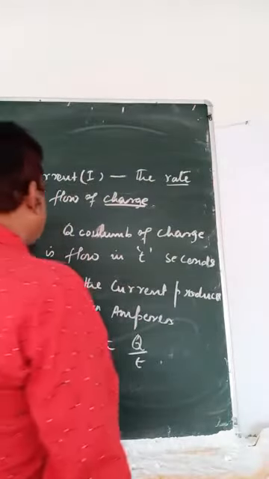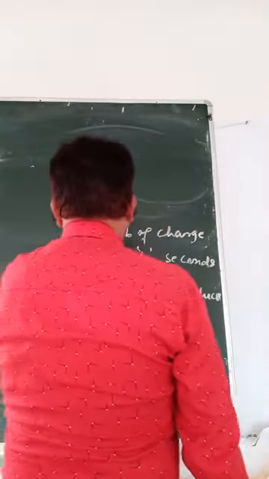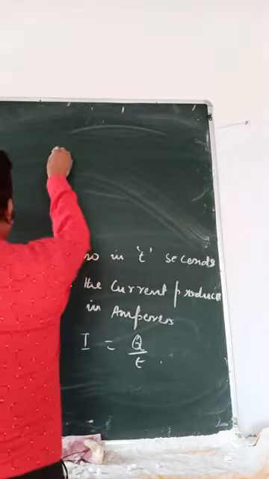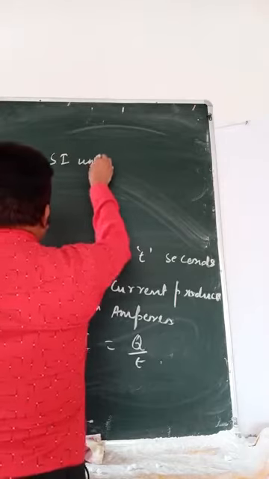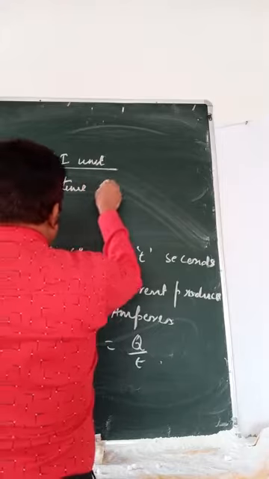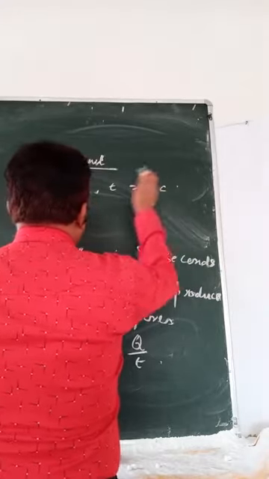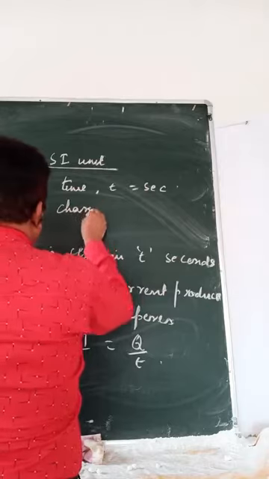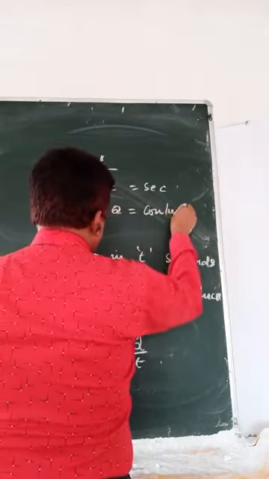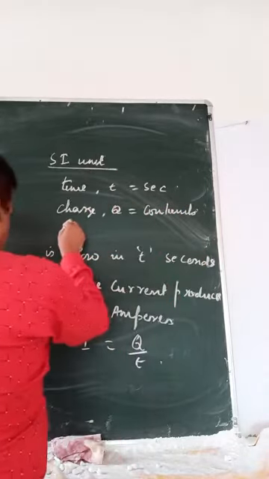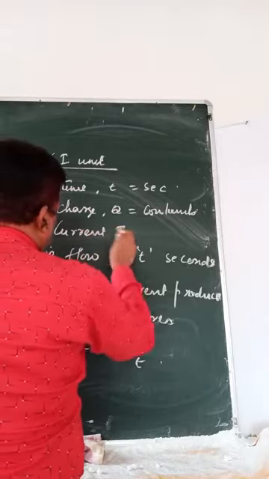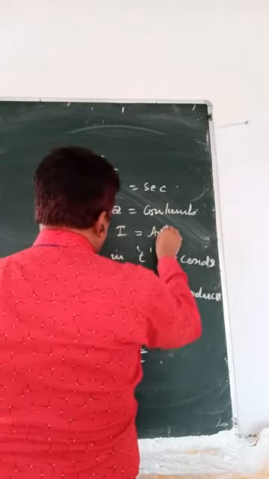Let's write the SI units. Time is in second, charge Q is in coulomb, current I is in ampere.